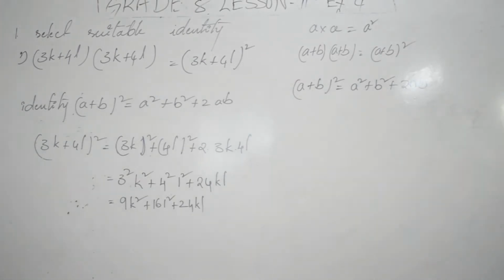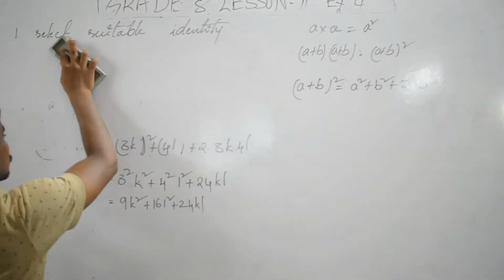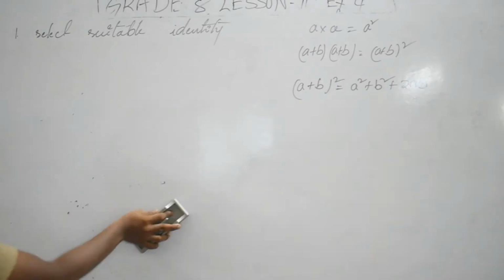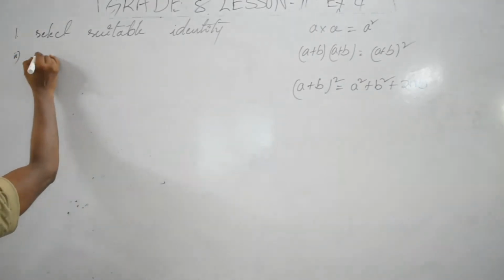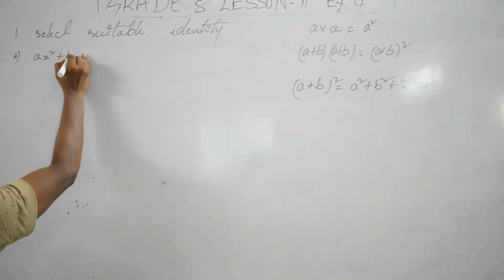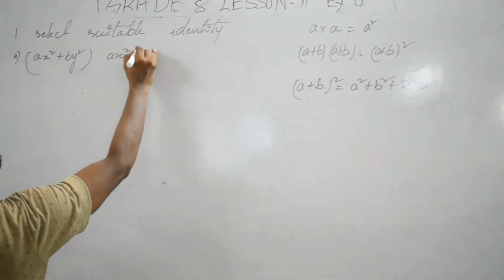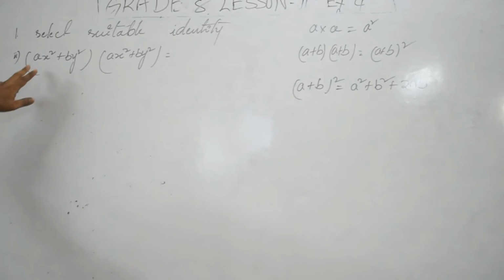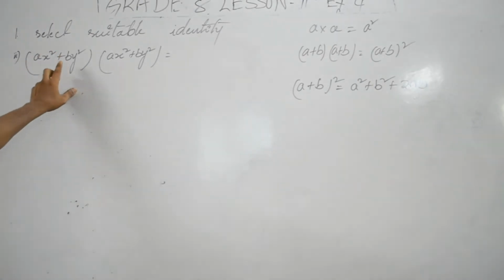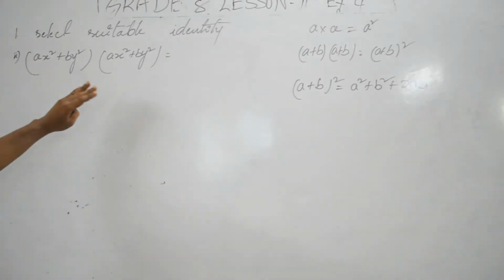Next problem. ax square plus by square. Now we see, ax square plus by square, ax square plus by square, both are the same expressions.